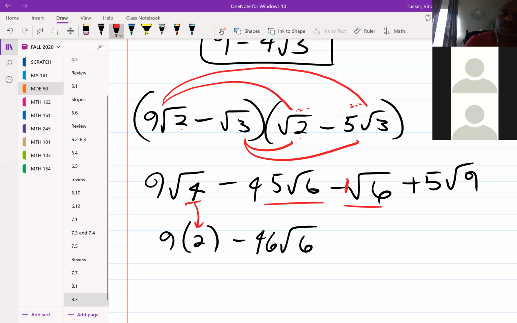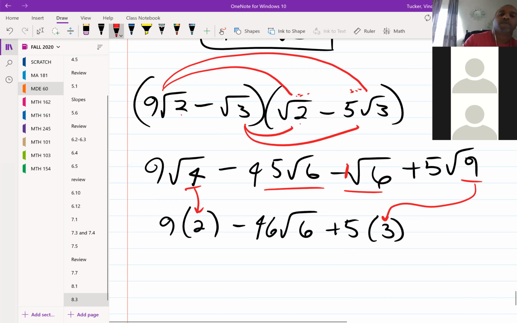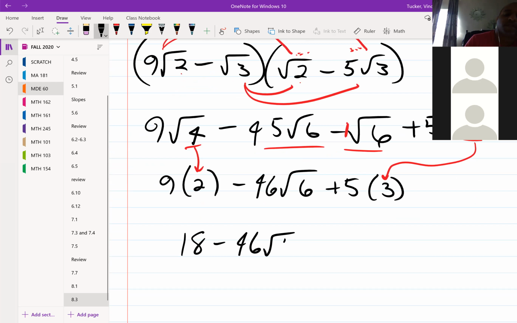And that's going to be plus 5 times 3, because the square root of 9 is 3. All right, that'll be 18 plus 15. So that'll be 33 minus 46 square root of 6.